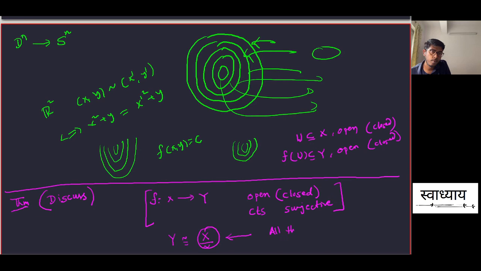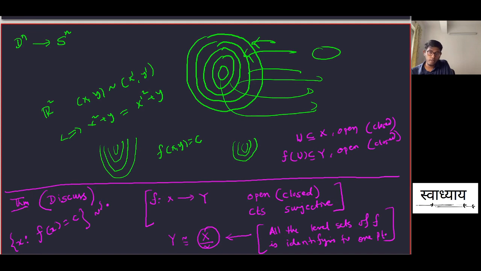It means that if f(x) equals c for some constant c, then this set of all x's with f(x) equals c is identified to one point.